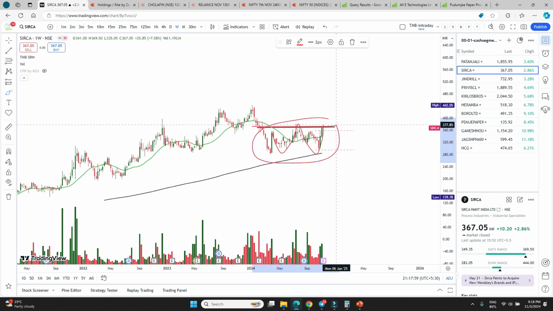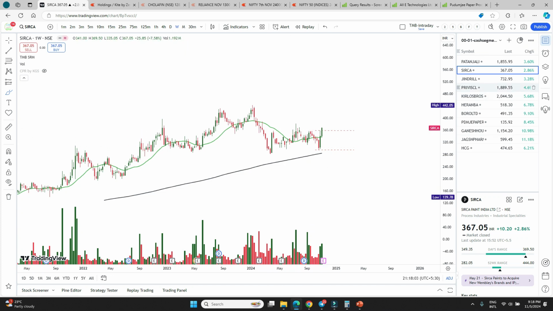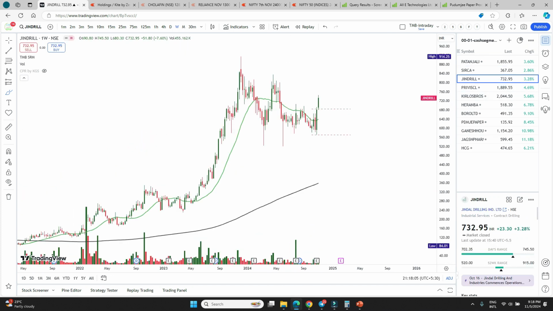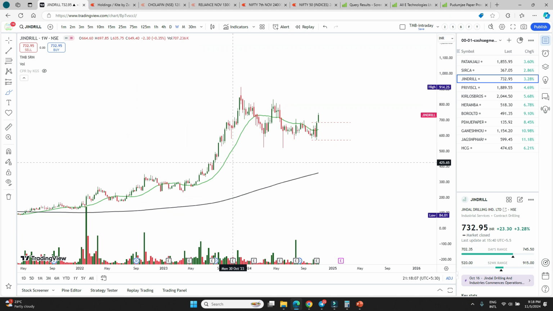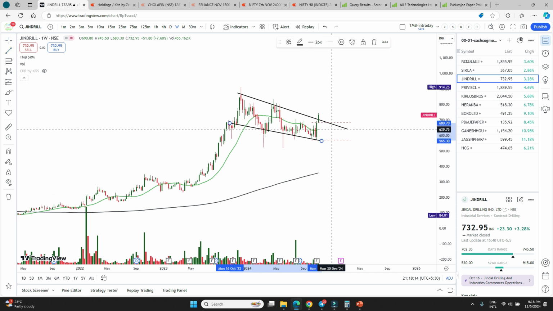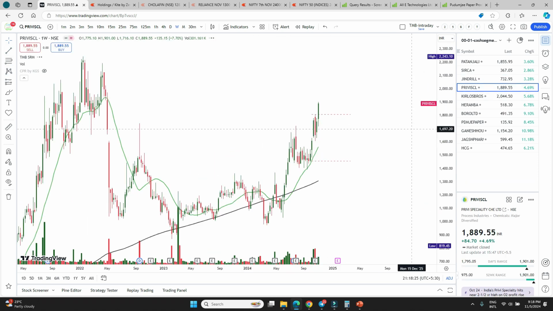So my system is tracking the stock and pulling from the database. Similarly, Jindal Drilling also has a breakout pattern, which is momentum above the 20 moving average on the weekly chart. This is the flag pattern, and here is the breakout.